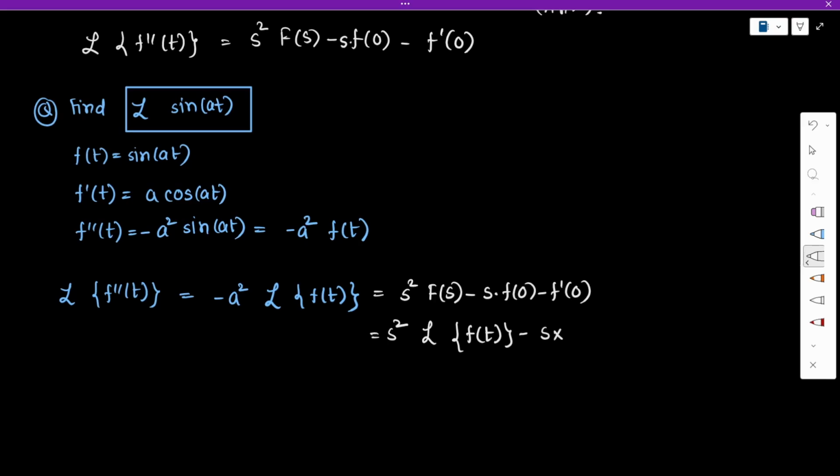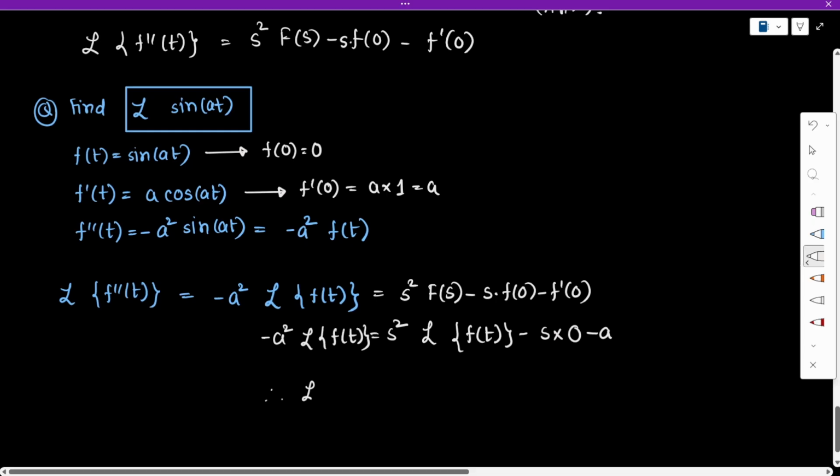So f(0) is going to be 0, because we know that f(t) is sine at, and f prime of t is a cosine at. So if we input t equals 0 here, there is going to be a times 1, which is a, so there is going to be a negative a here. So we can say that this is equal to negative a square Laplace of f(t).